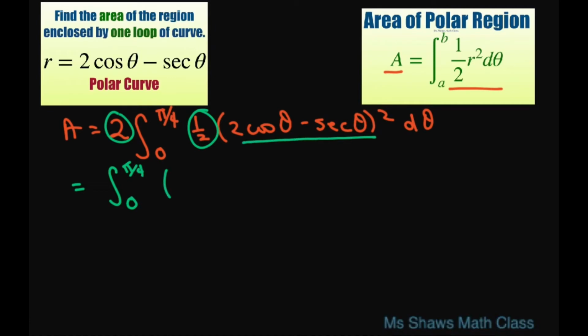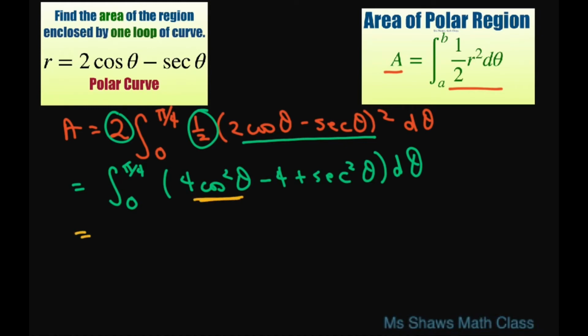Let's expand this perfect square trinomial. That's going to be 4 cosine squared of theta minus 4 plus secant squared of theta d theta. All right, for this piece, I'm going to use an identity.